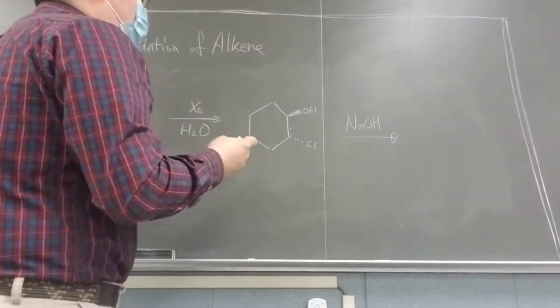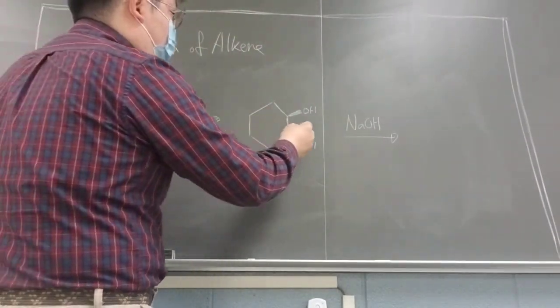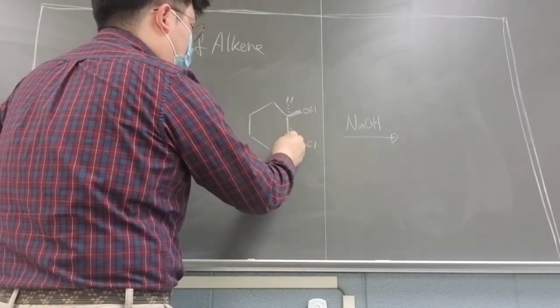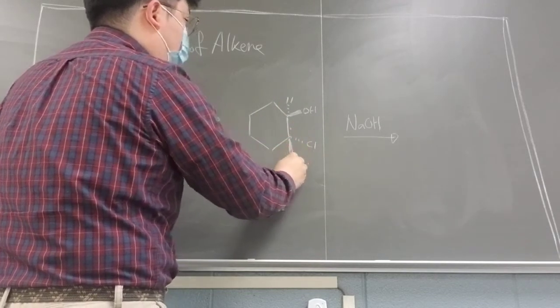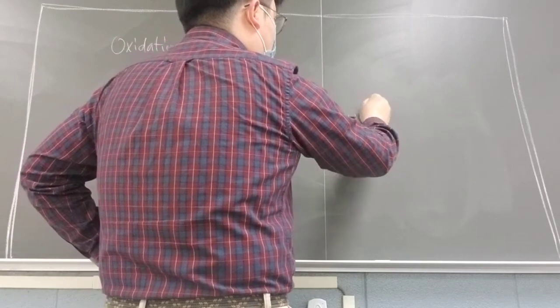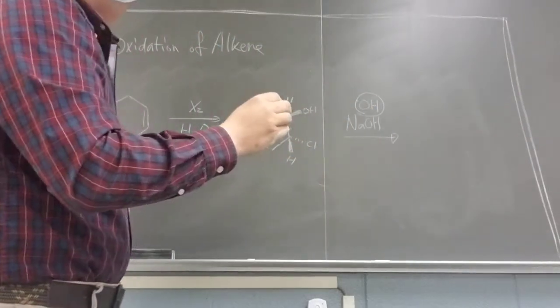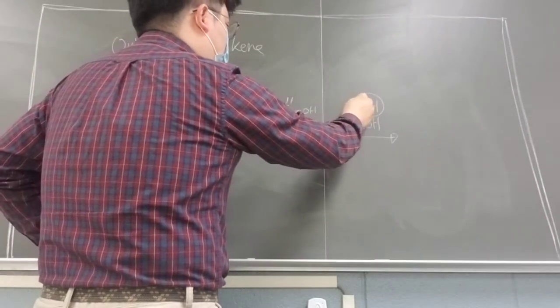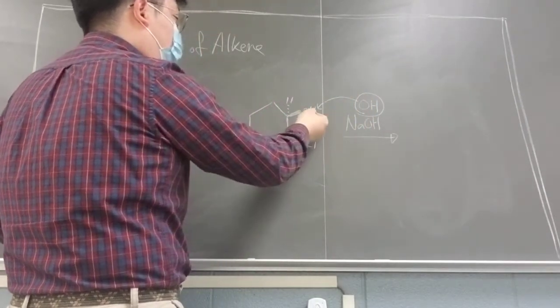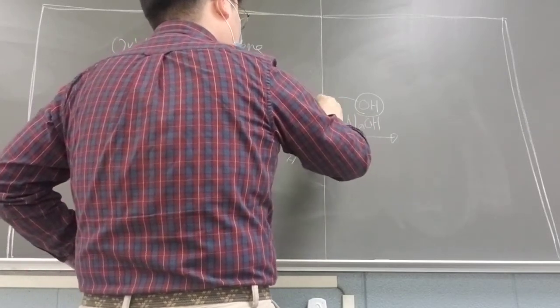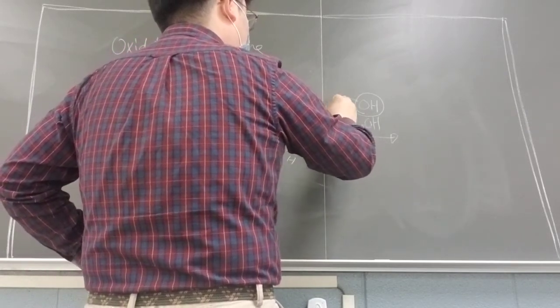Okay. And then what they can do is, this will be a lot of hydroxide anion over here, and they will try to catch this one. So then this will be this form.